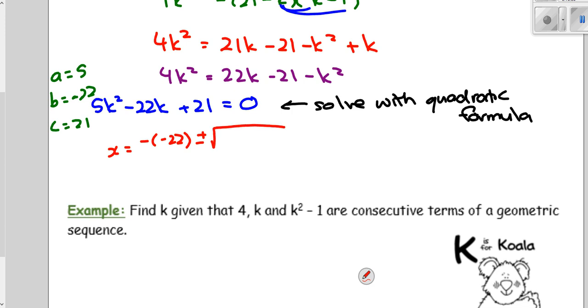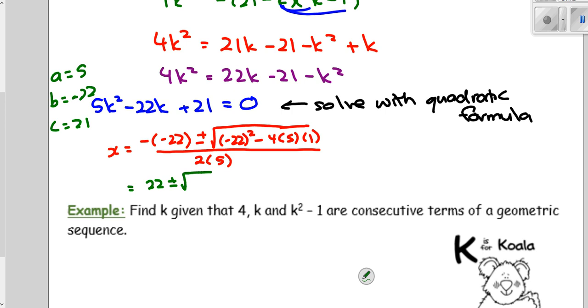Negative 22 squared is pretty mean though. Equals 22 plus or minus 22 times 22. 22 times 20 is easy, and then just add 44 if you want.